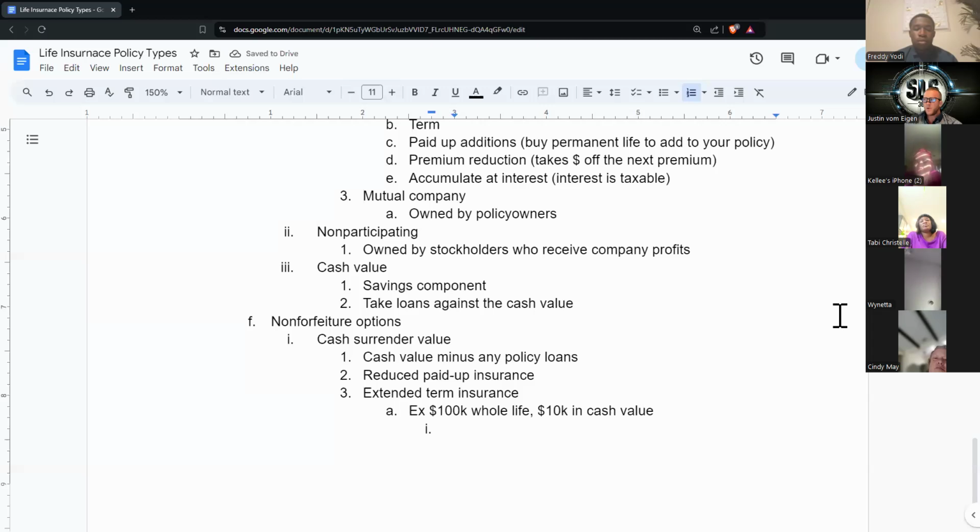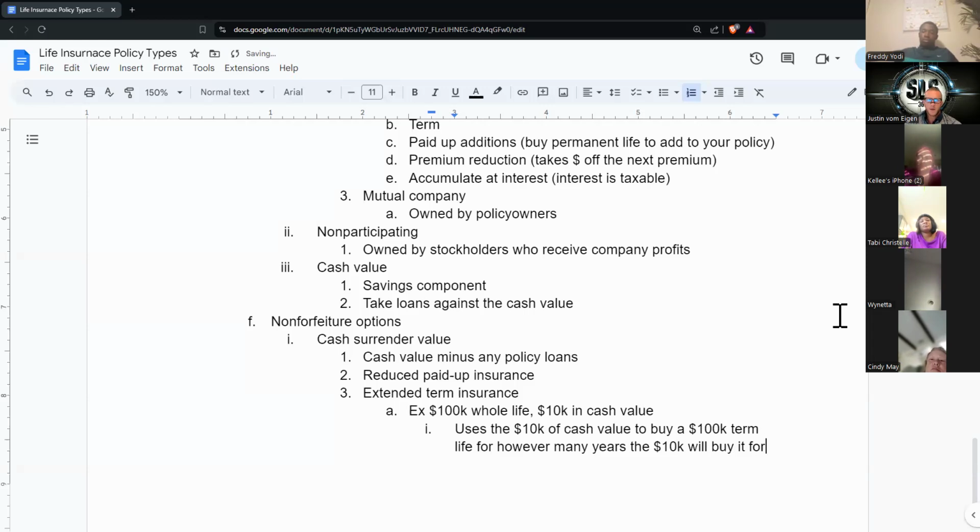Extended term uses the 10K of cash value to buy a $100,000 term life for however many years the 10K will buy it for. So maybe the 10,000 buys a $100,000 policy for the next 30 years or whatever. Something like that. You don't have to make any more premium payments on it.